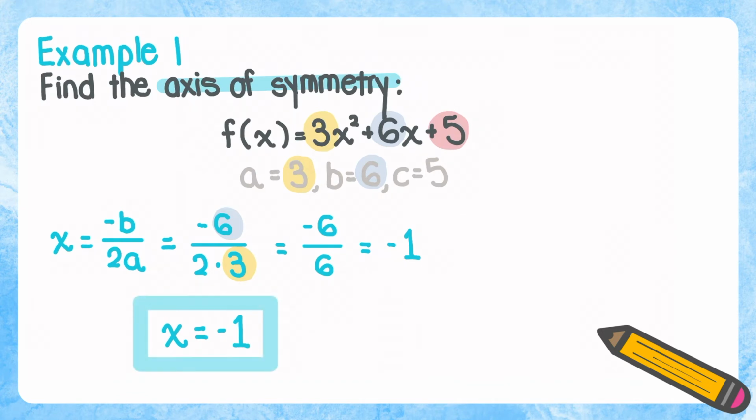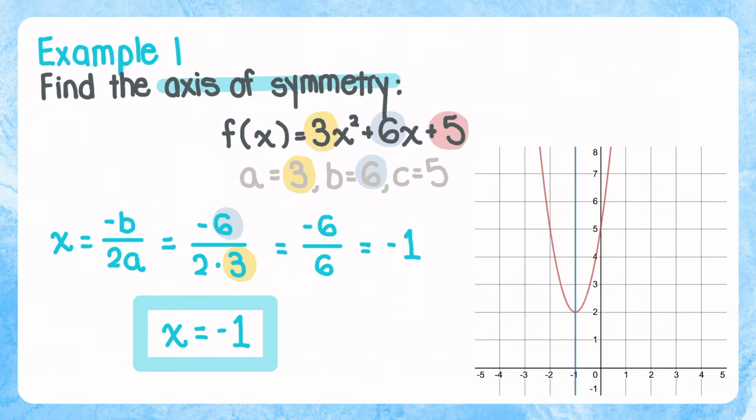I'm simply substituting the a and b values with their actual numbers. What would this look like on a graph? Notice here we have the quadratic function, the parabola, and its axis of symmetry is at x equals negative 1.